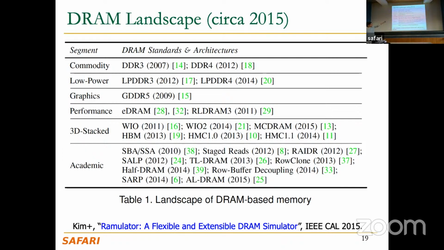In 3D stack, HBM has evolved. Now vendors are working on or have started to incorporate the HBM3 standard into their systems. But I think that this picture more or less shows a very complete overview of the landscape of DRAM-based memories.